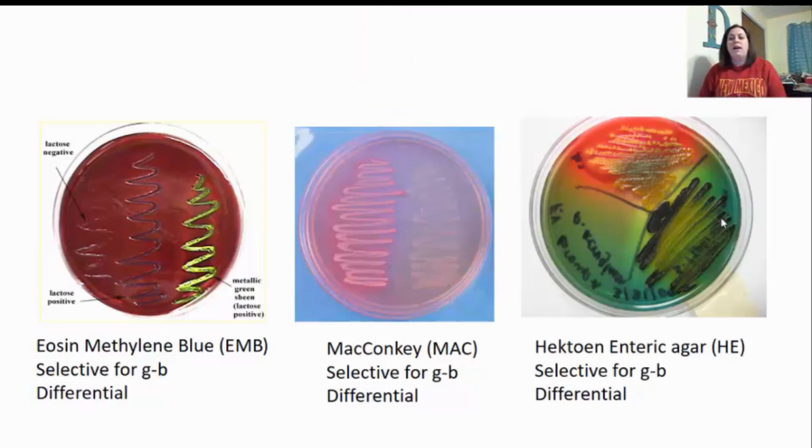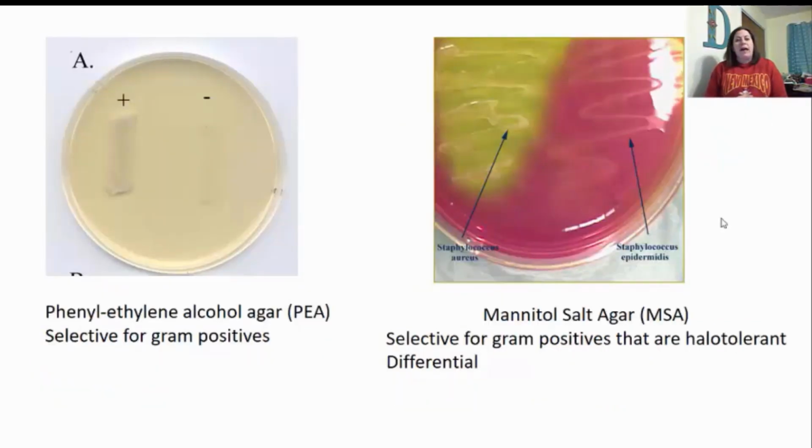We also have Hektoen enteric agar or HE. It's normally a greenish clear color. However, it is selective for gram-negative bacteria and it's differential. It does allow for Shigella and Salmonella to grow on it. We also have phenylethyl alcohol agar or PEA. This is selective for gram-positive, so you can see the gram-positive here versus the gram-negative. We also have the mannitol salt agar or MSA.